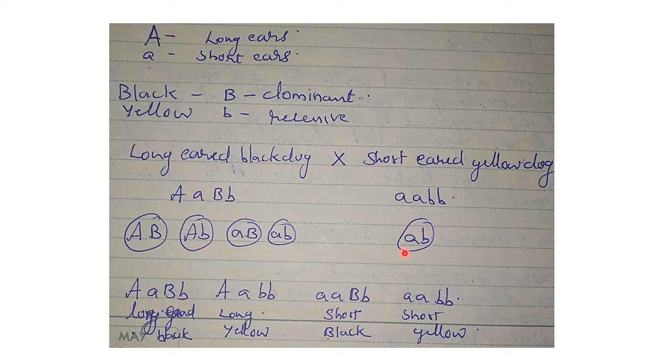Upon crossing this with this you will get the long yellow ones, and if you cross this one with this one you will get short black ones, and if you cross this with this you will get short yellow. So one long-eared black, then 1:1 long yellow is to 1 short black is to 1 short yellow. So that is the answer. Option D is the answer.